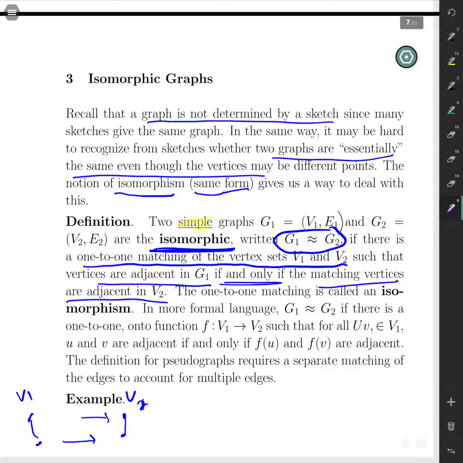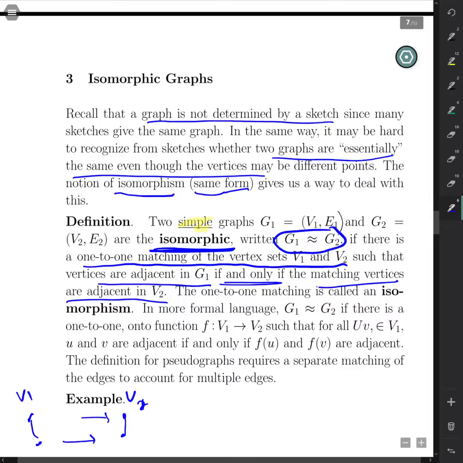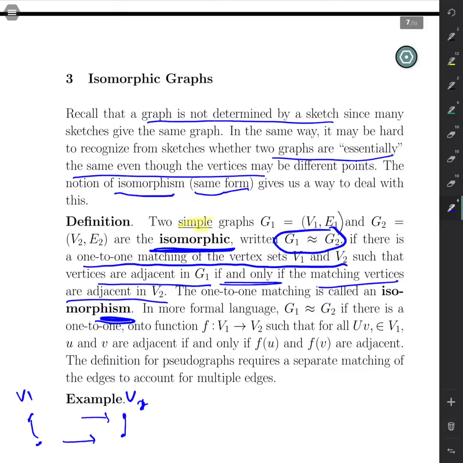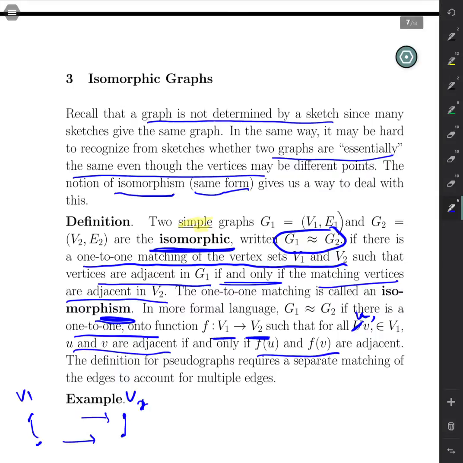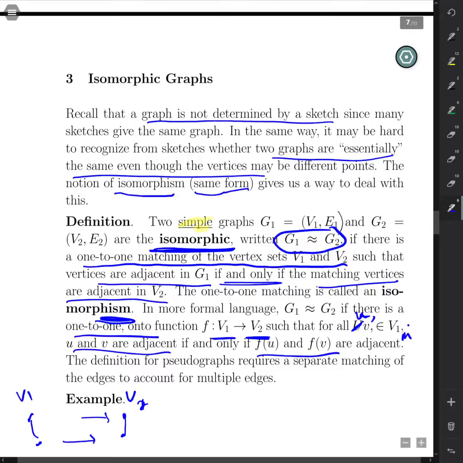The one-to-one matching is an isomorphism, okay? Isomorphism for the actual matching. So that isomorphism is really a one-to-one onto function from the one vertex set to the other, so that for all u and v, sorry, that should be a lowercase u, in V1, u and v are adjacent if and only if their images, f of u and f of v, are adjacent in G2.